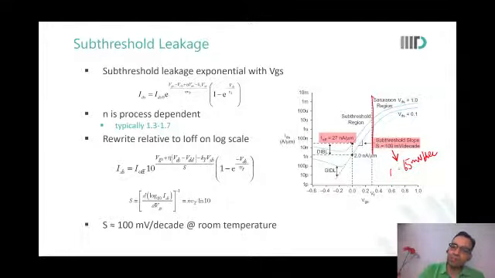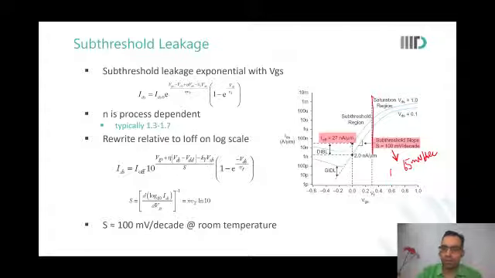Why is this 60 millivolts per decade preferable over 100 millivolts per decade? We discussed this part also already. It is the best that silicon can achieve. No, my question is not why 60. I'm saying why lower is better. Sir, the ID will decrease per decade.